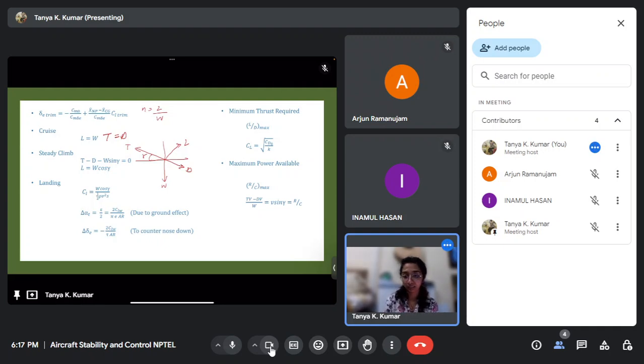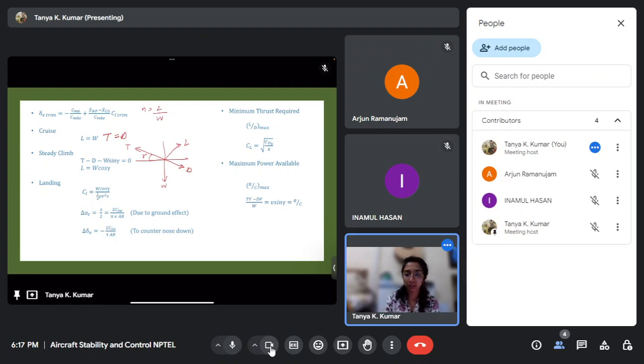Now while landing, due to ground effect, what is ground effect? The reaction force by the action of the air on the ground changes the effective angle of attack at the tail. Delta alpha tail is given there; it's something similar to downwash.